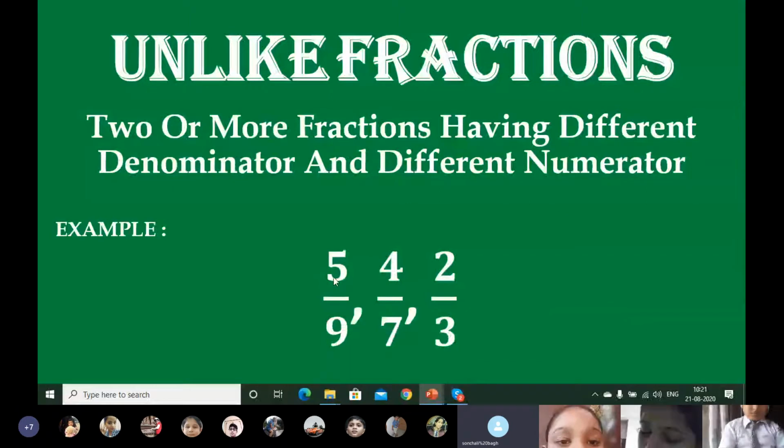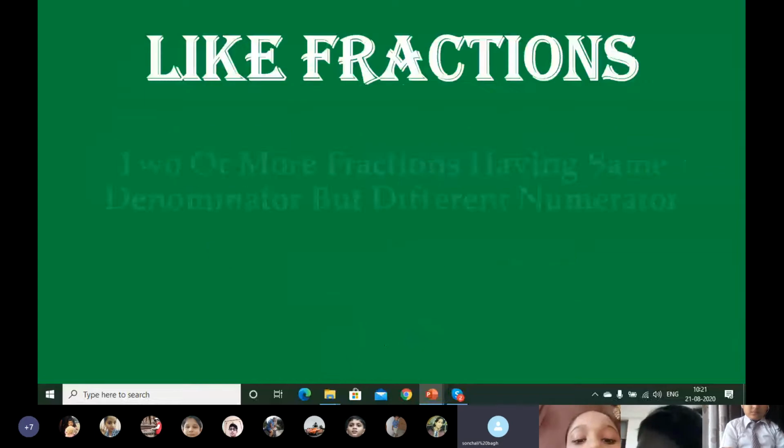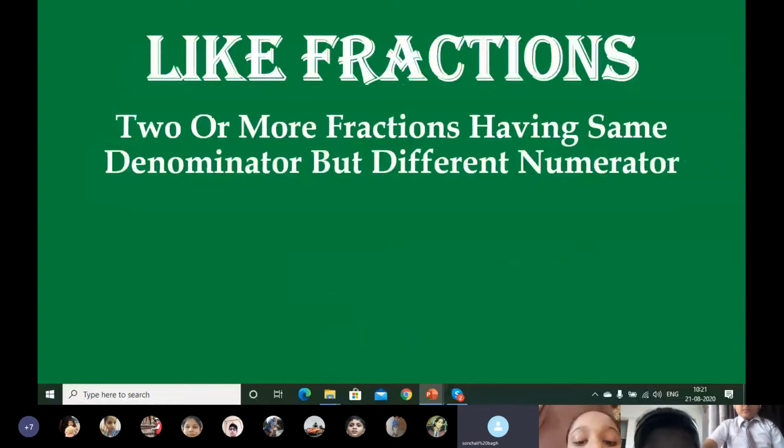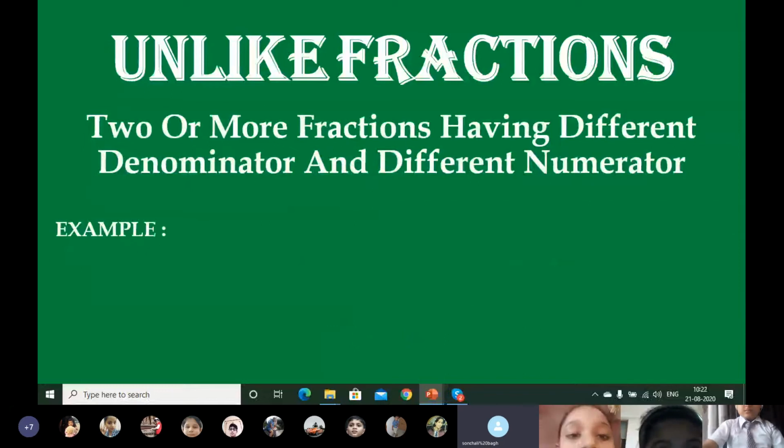Example, 4 by 9, 5 by 9, 4 by 7, 2 by 3. You can see all the numerators are different and denominators are different. Now, based on the concept of like fractions and the concept of unlike fractions, we compare fractions.